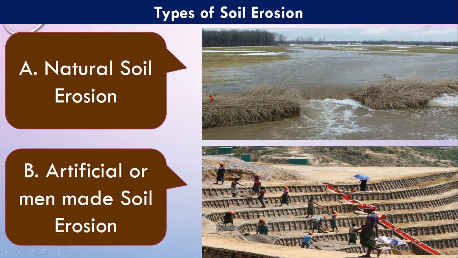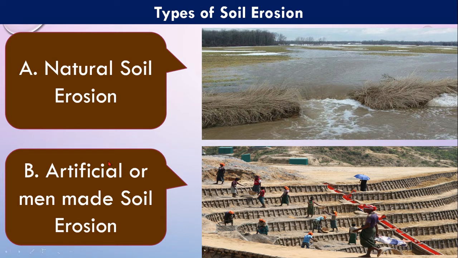This erosion might be due to rainfall, wind, or flood. This type of erosion is called natural erosion. In this picture, water flows from one place to another place, like a flood. That is why it is called natural soil erosion.